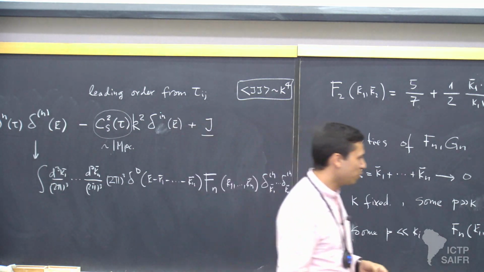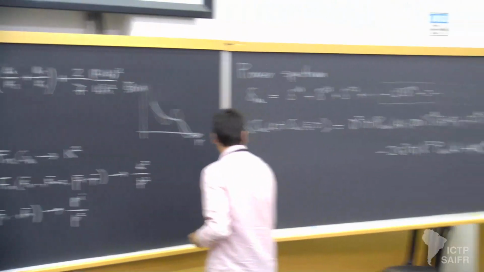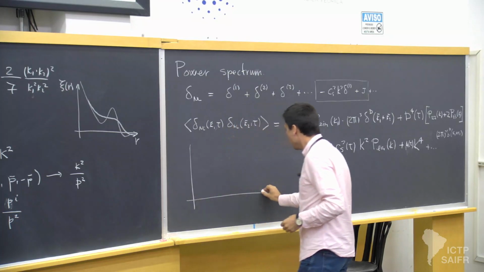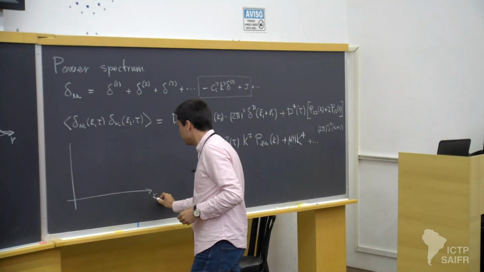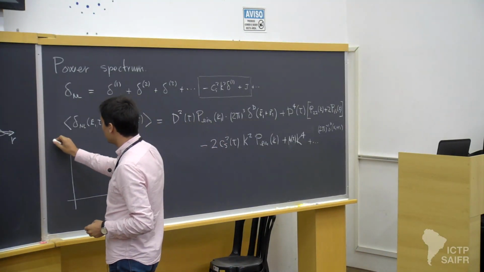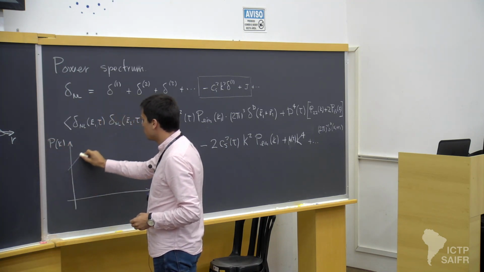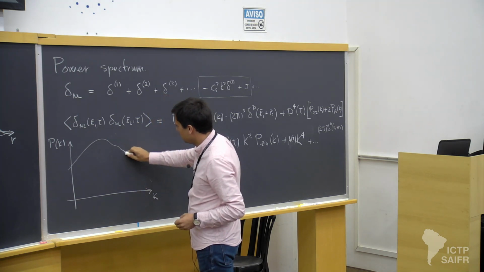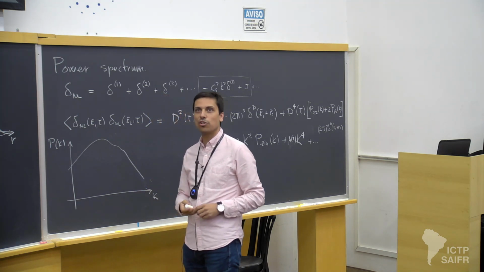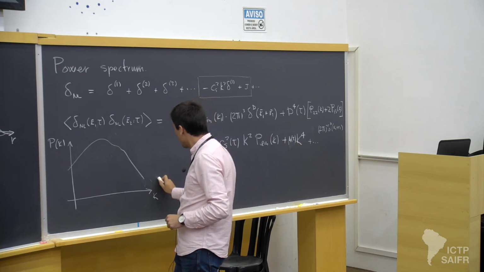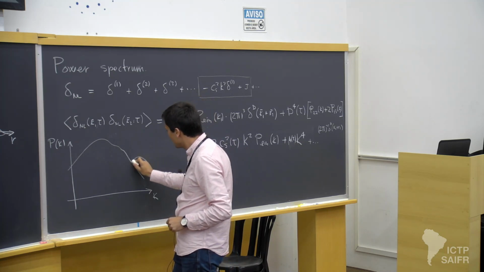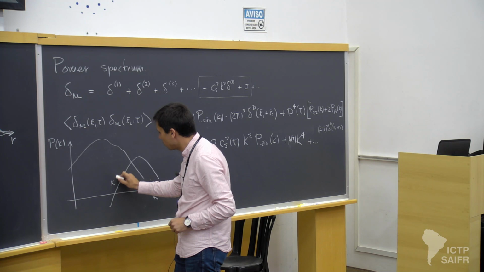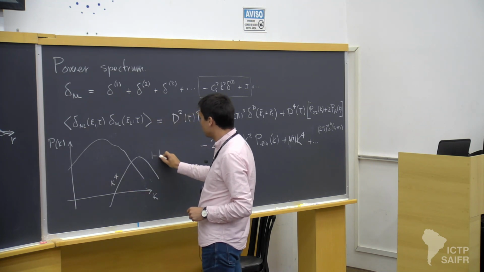Okay? So for those of you who are familiar with the Halo model, if you look at the Halo model for the dark matter power spectrum, there are two contributions, right? P of k. There will be one contribution which looks a bit like the linear power spectrum, which is usually called the 2 Halo term. And then there is another contribution which goes like k to the 4, which is the 1 Halo term.